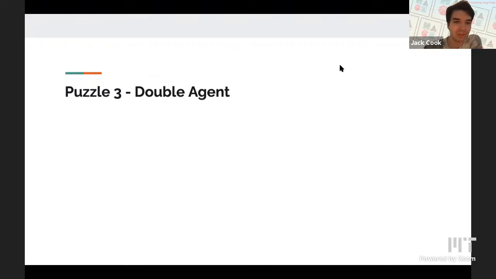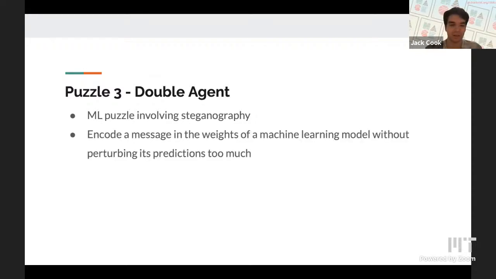So, puzzle 3 is called Double Agent. The basic idea behind this puzzle is that it is a machine learning puzzle involving steganography. Steganography involves encoding a message in something else. Like you take a big system and you encode some message in it.